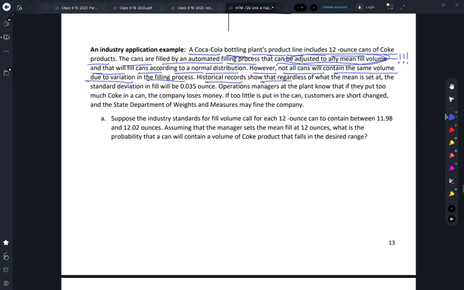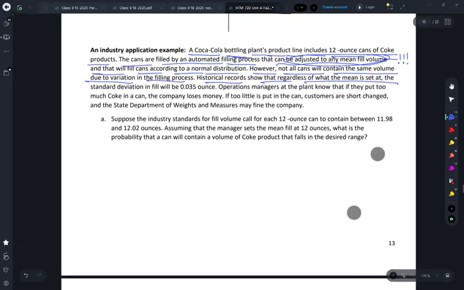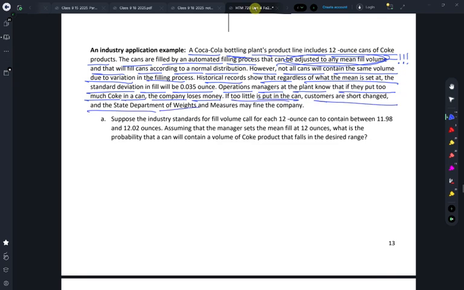Historical records show that regardless of what the mean is set at, the standard deviation in fill will be 0.035 ounces. Operations managers at the plant know that if they put too much Coke in a can, the company loses money. If too little is put in the can, customers are shortchanged, and the State Department of Weights and Measures may fine the company.